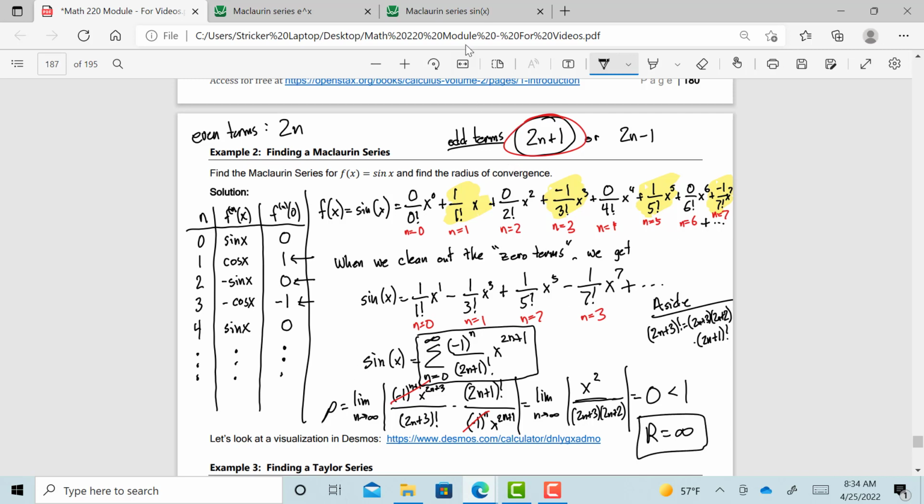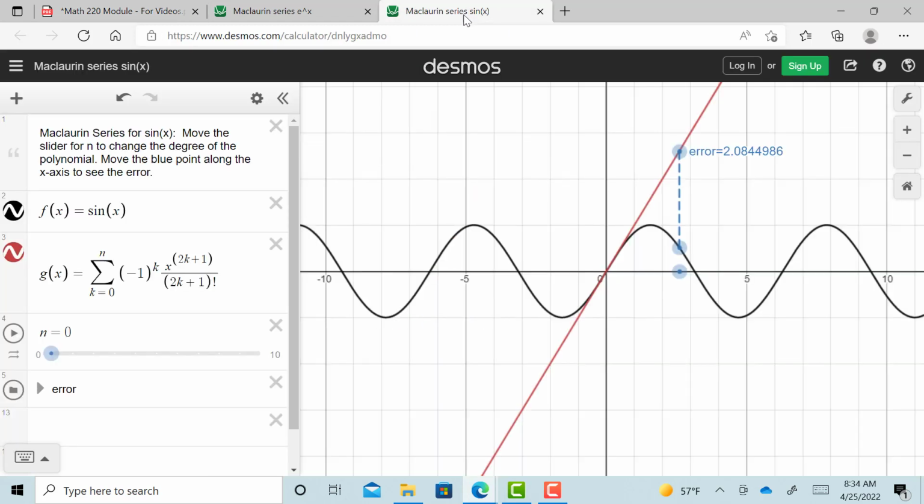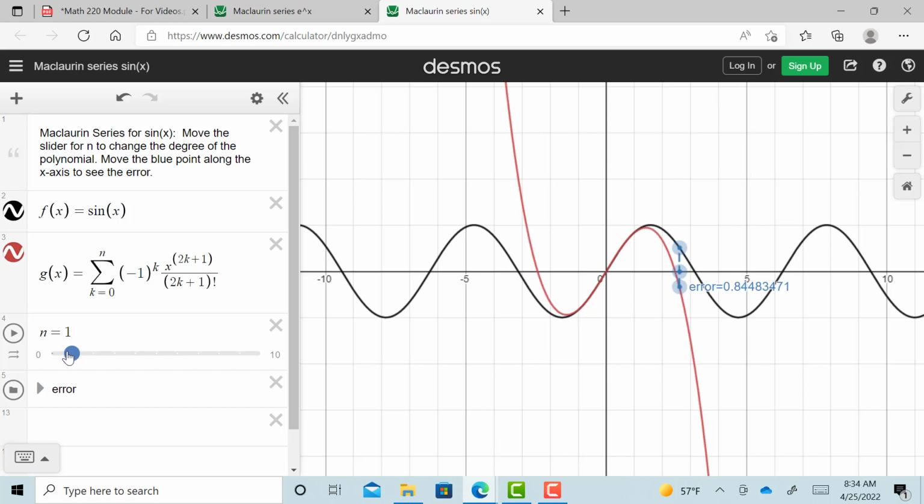And we can see that, again, in Desmos, if I go to this other demonstration, and I increase the number of terms, watch how our power series, watch how the red line starts to match the black sine curve. N equals 1.